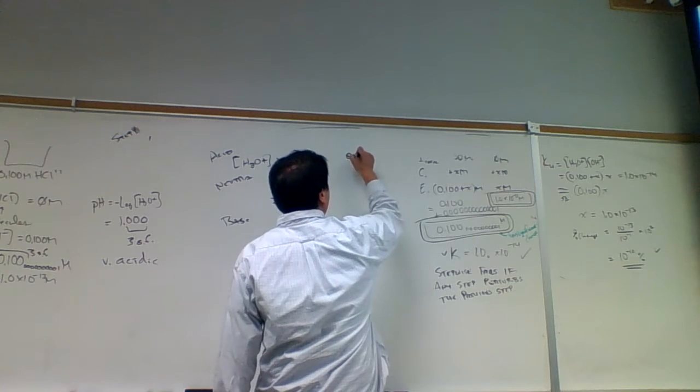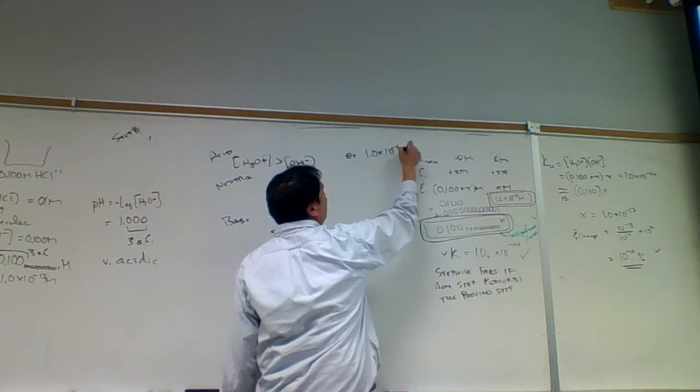All right, so the next example is going to be 1.0 times 10 to the minus 8 molar HCl.